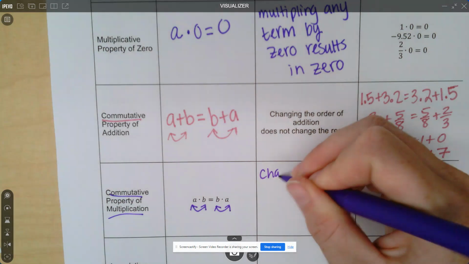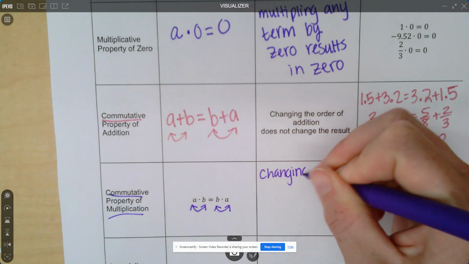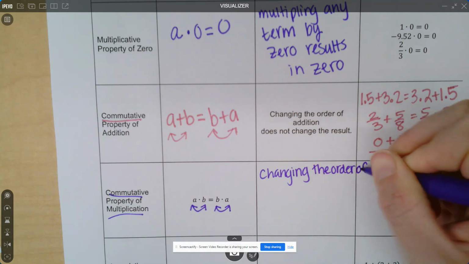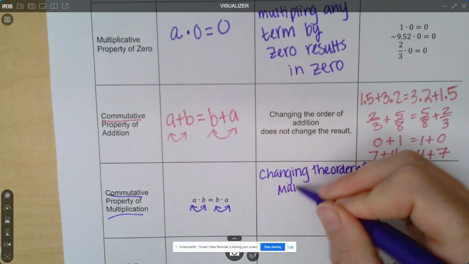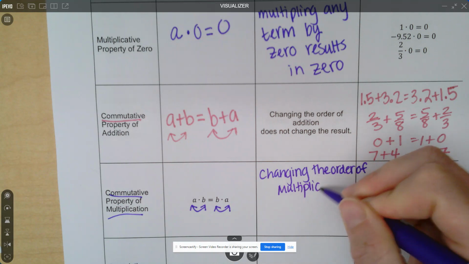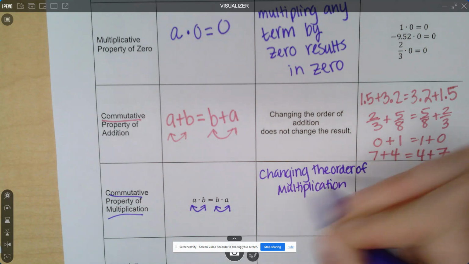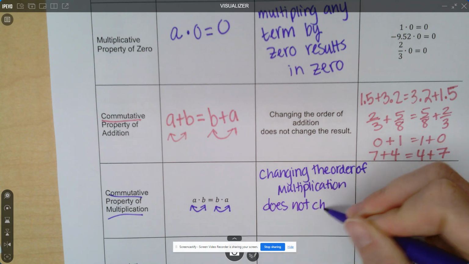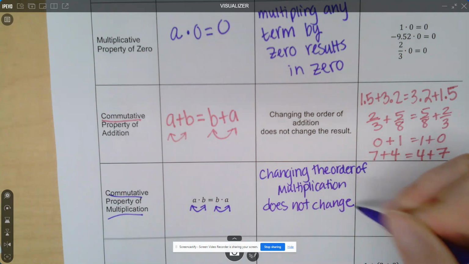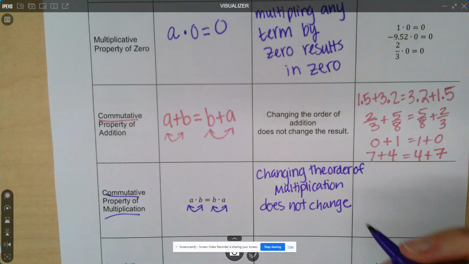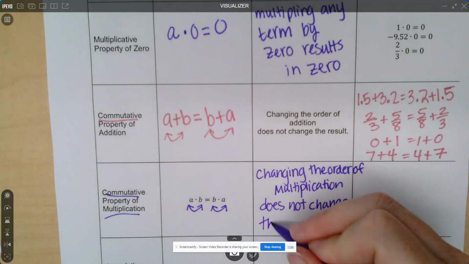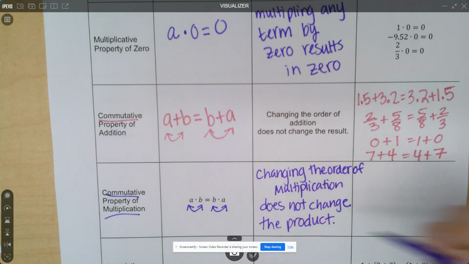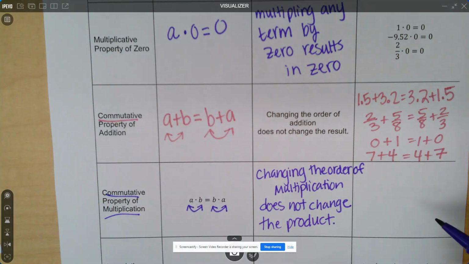So changing the order of multiplication does not change the result. You can say the result or the product. I'm going to say the product because that is the answer to a multiplication problem.